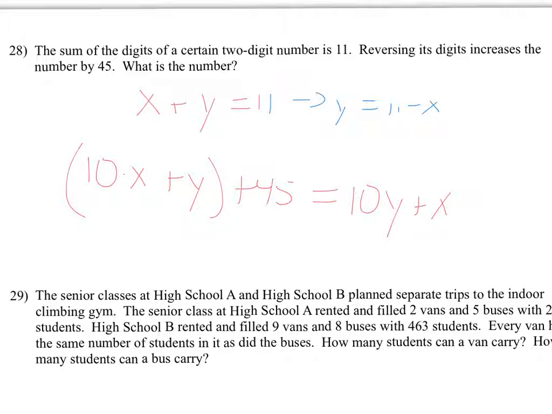So when I plug that in, we get 10x plus 11 minus x plus 45 is equal to 10 times 11, which is 110, 10 times minus x is minus 10x, and plus x.